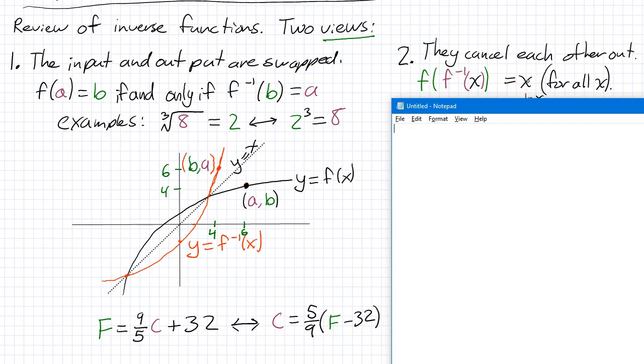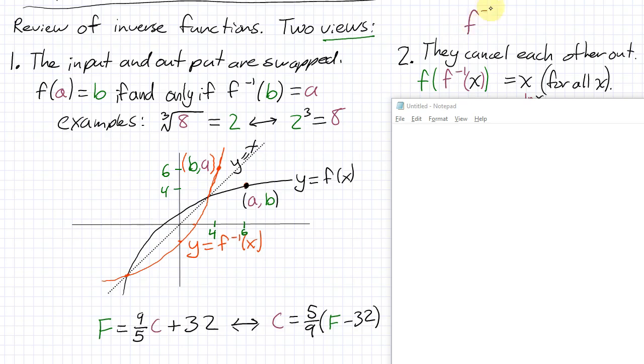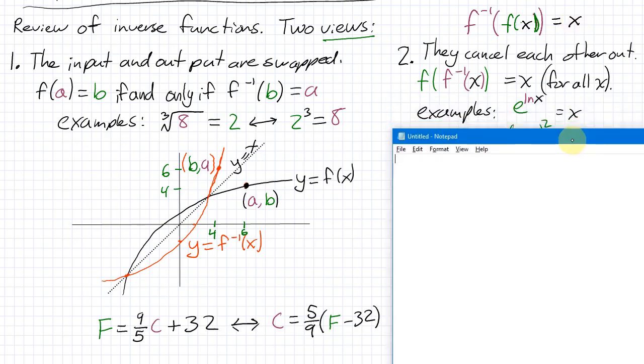You should actually also get the same thing when you do f inverse of f of x. You should still just get x. Either way you do it, they should always cancel each other out.